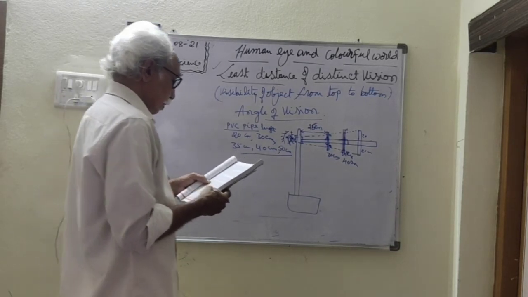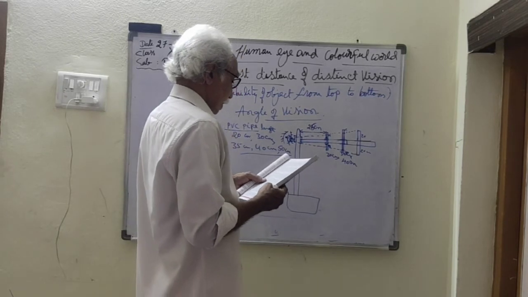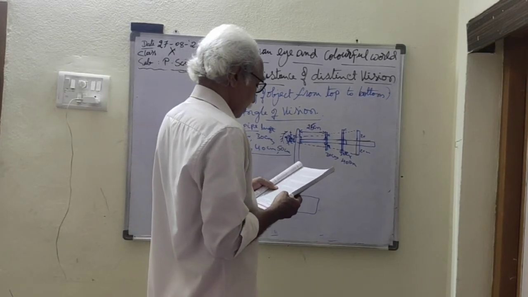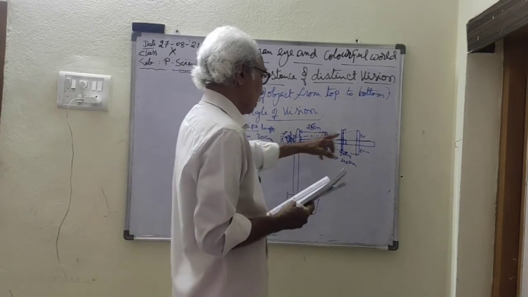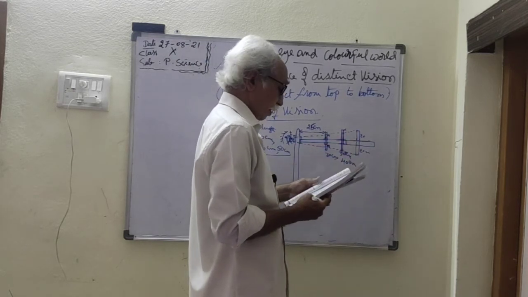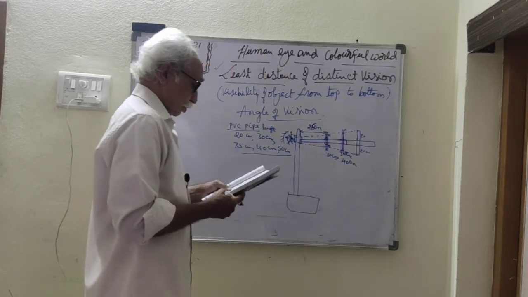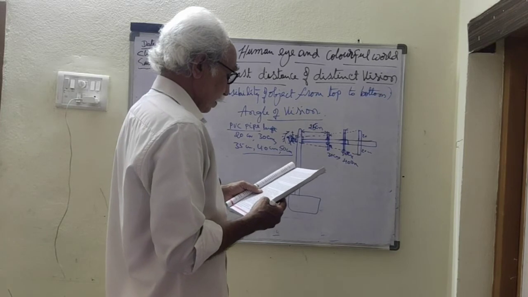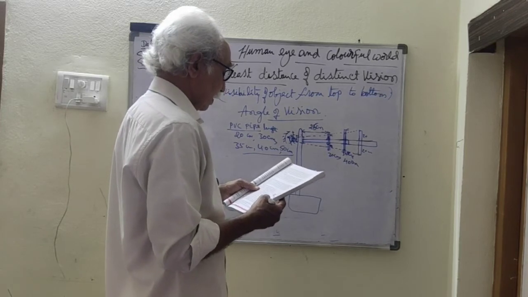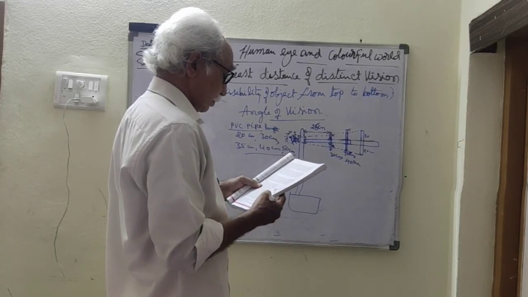Now let us see. So we're able to see the whole object now. Yes, here we are able to see the whole object at 40 centimeters. As you notice, you will see only a part of the object A dash B dash.